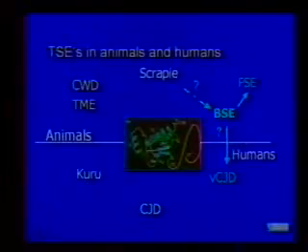And there is this question whether BSE causes the variant Creutzfeldt-Jakob disease in humans. And the center of the diagram shows you the protein associated with TSEs. And essentially what happens is that you get conformational change in the protein. There isn't even any mutation in the genes producing the product.